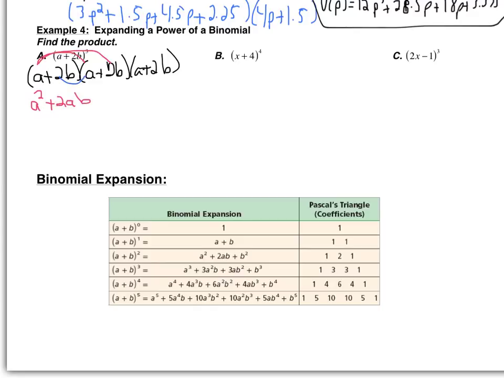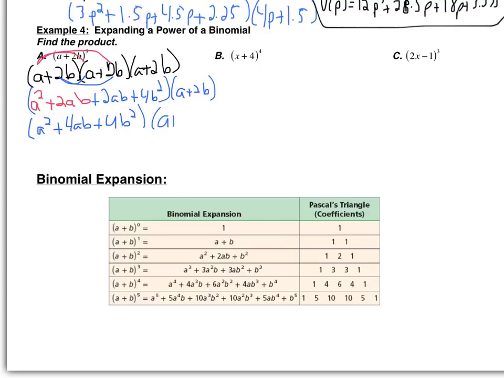And then we have 2ab plus 2b times 2b is 4b squared. All of that times a plus 2b. And then we combine like terms, so we get a squared plus 2ab plus 2ab is 4ab plus 4b squared times a plus 2b.